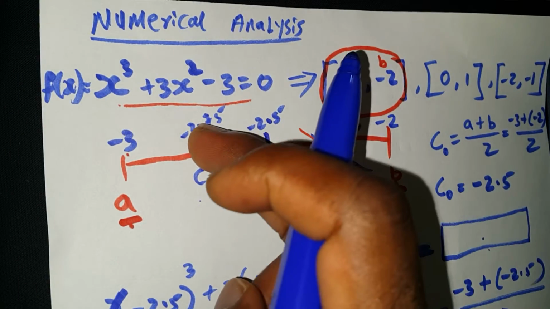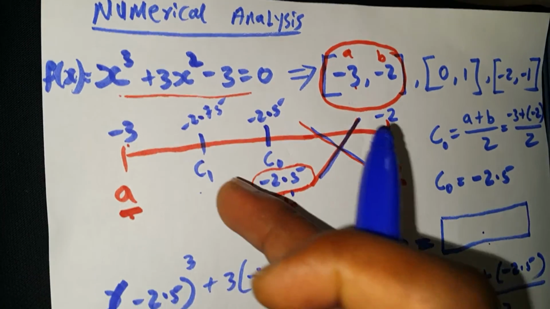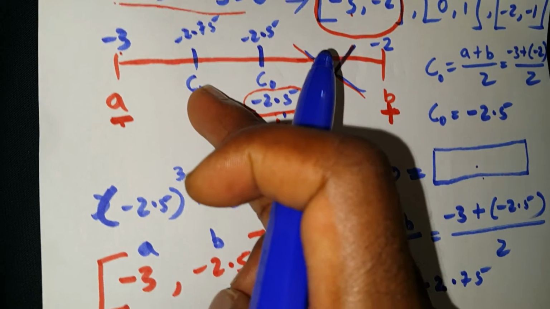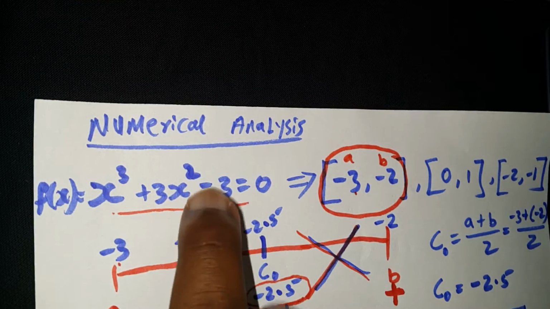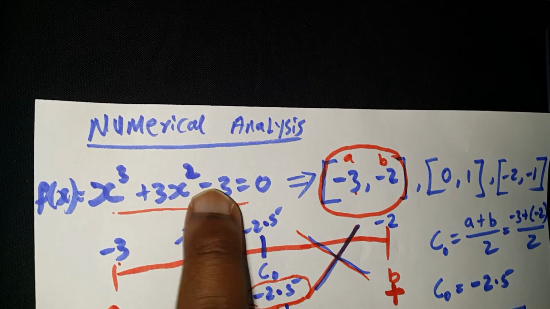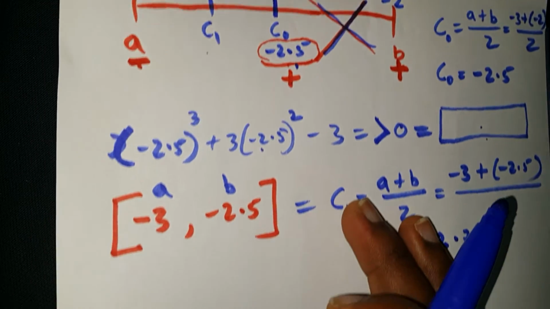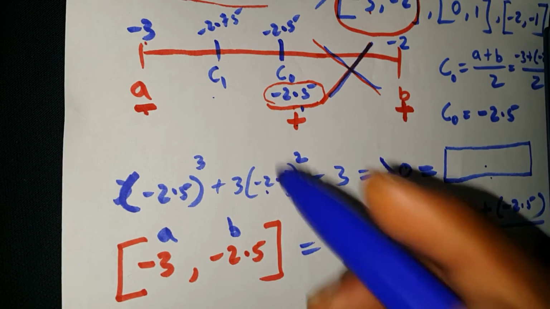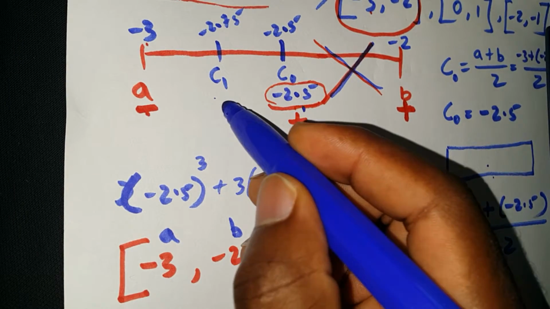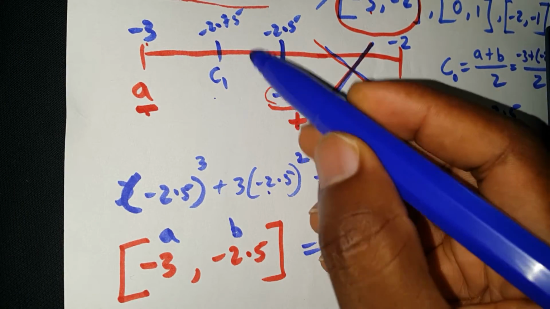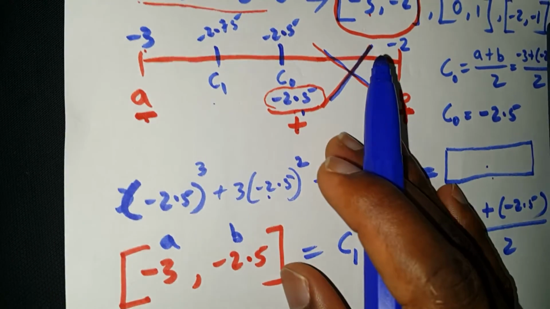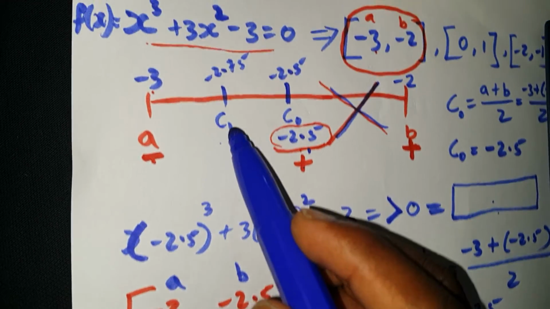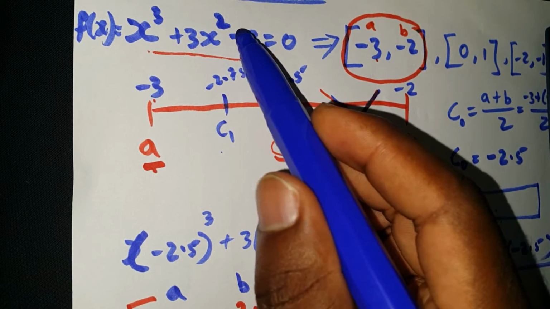Now we have these three values. Put C into our given function to know the sign. If the sign is positive, you know that this place is gone. If it is negative, you know that this place is gone. Just put your C value into this new function.